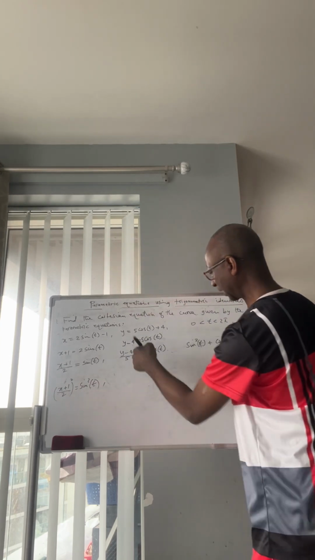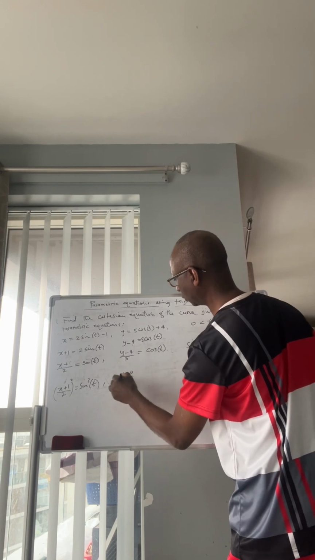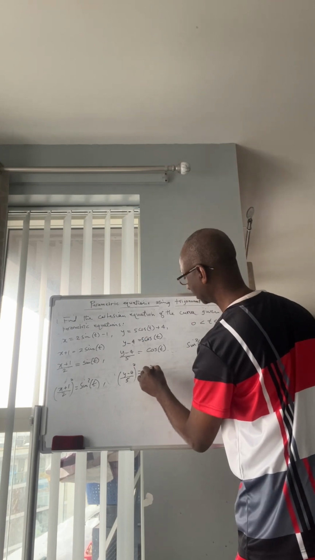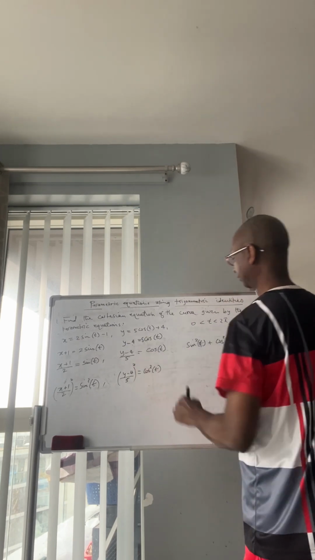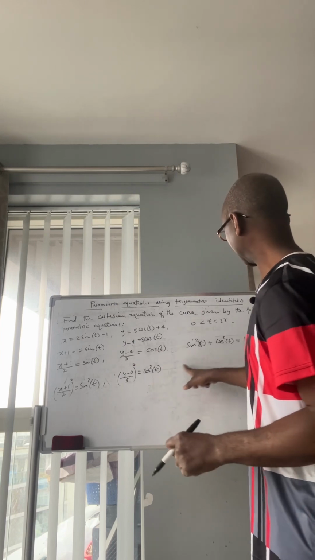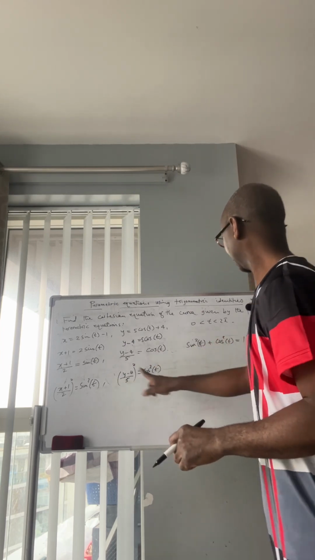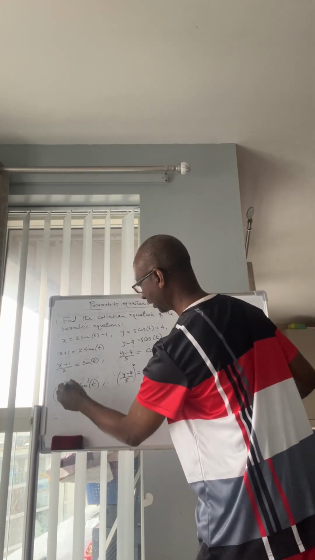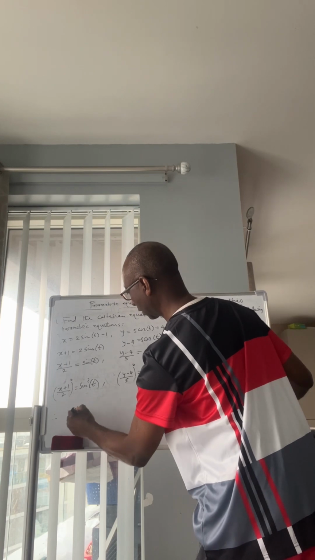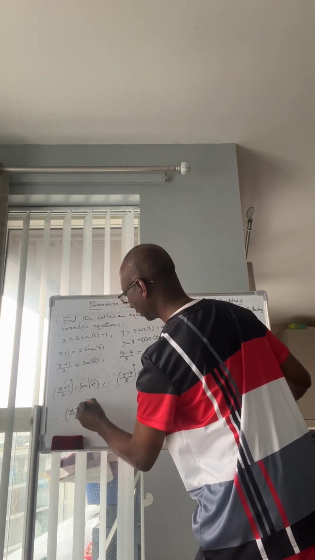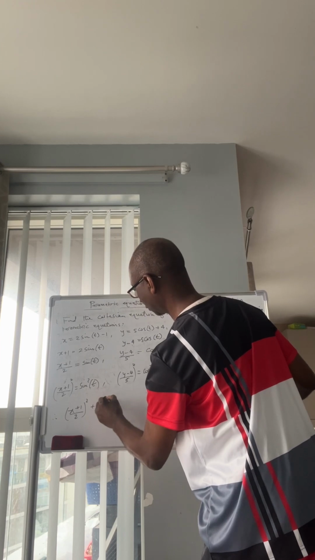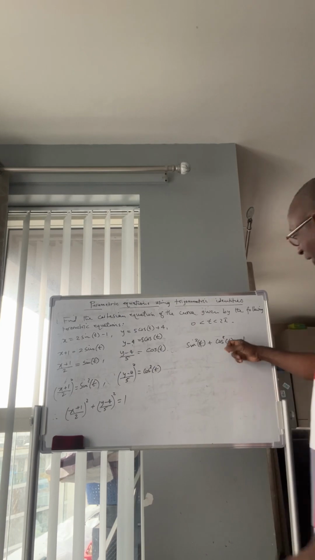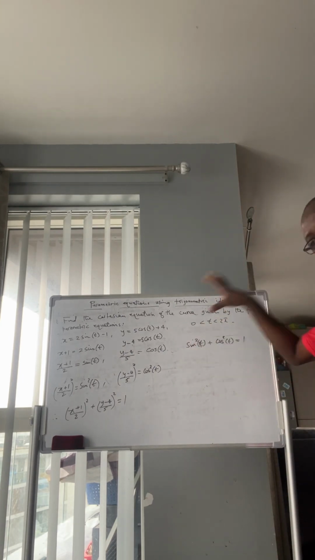And y minus 4 all over 5, all squared, is equal to cosine square t. Therefore, sine square t plus cos square t equals 1, so we have x plus 1 all over 2 all squared plus y minus 4 all over 5 all squared equals 1. We haven't proven this, but we know this is true.